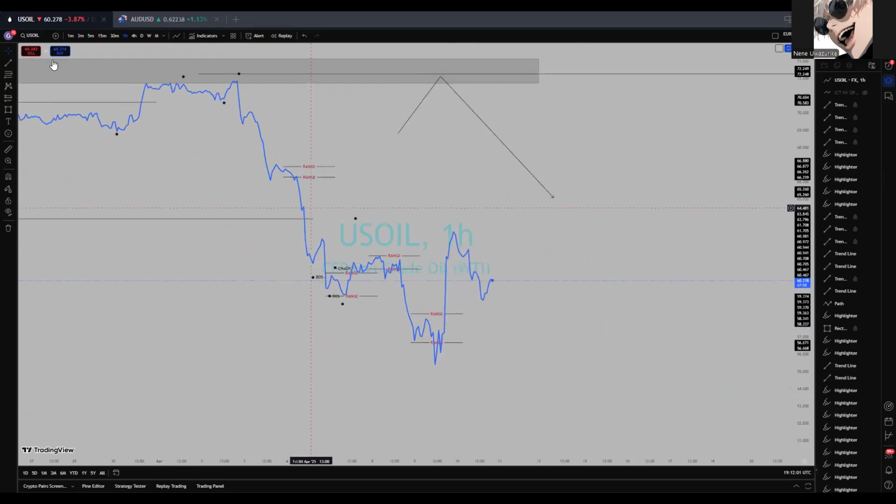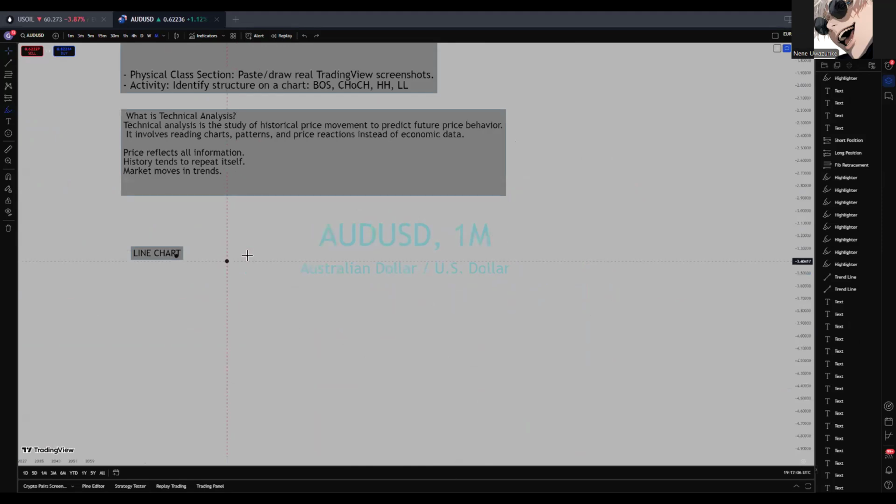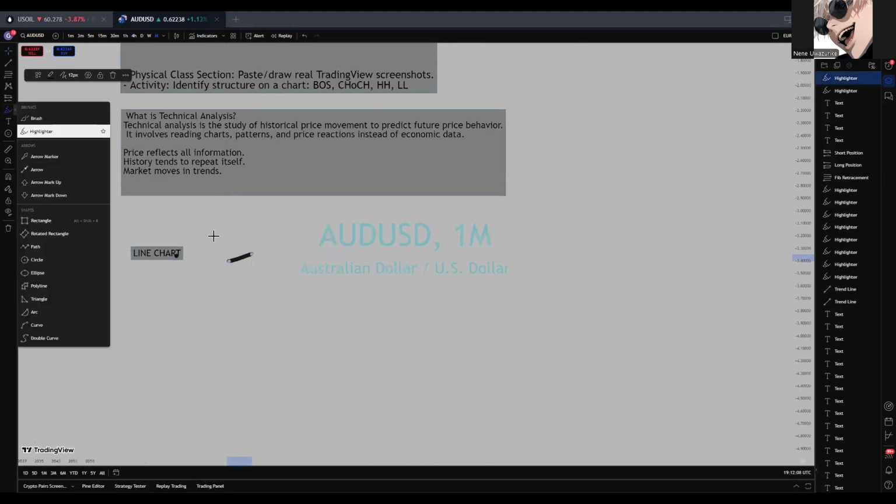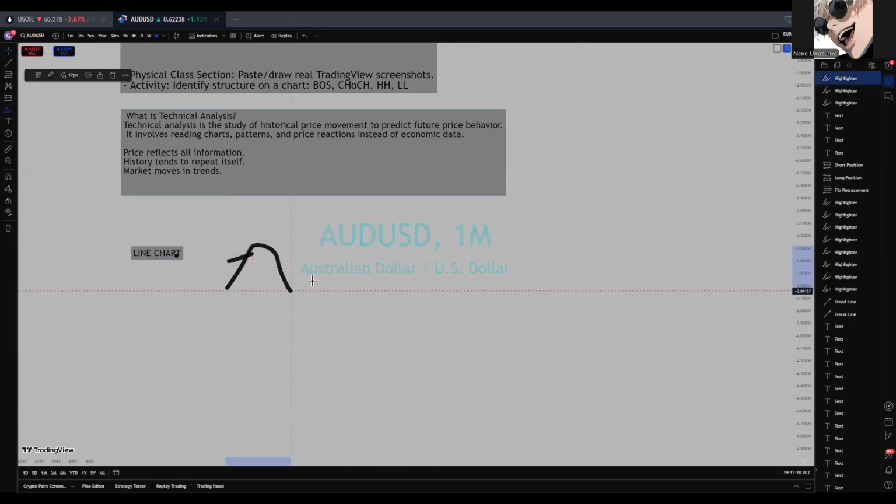So we already have an understanding of what it looks like: a close-to-close view of price. Then we have the bar chart. Let me erase this. Then we have the bar chart.